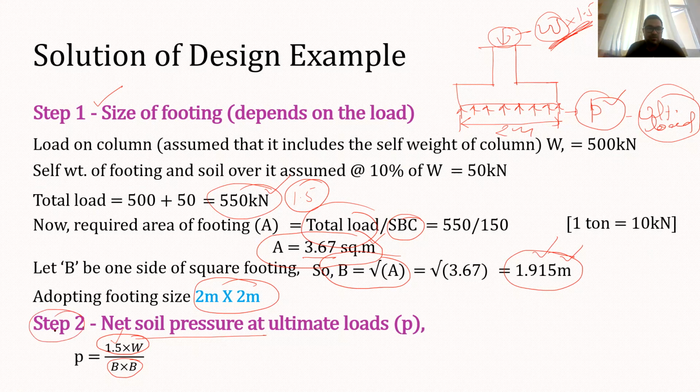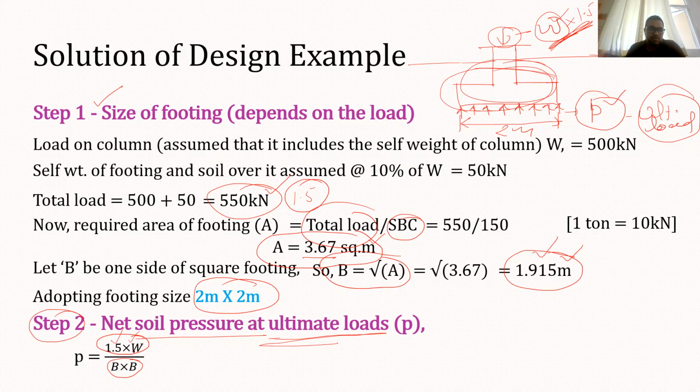In step 2, while calculating the net soil pressure, we calculate it at ultimate load or limit state of collapse, in which we multiply the load coming from the column with 1.5. We also only consider the load coming from the column. We don't consider the self weight of the footing, because in this case we assume this as part of the soil. That is the process we follow to calculate the net soil pressure at ultimate load.